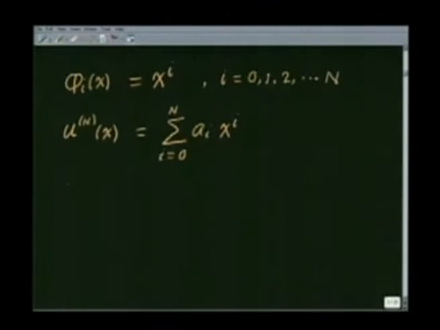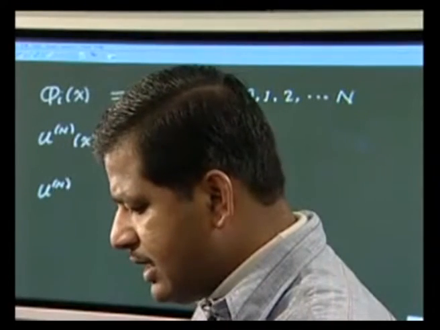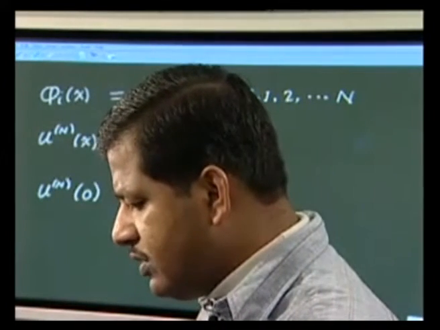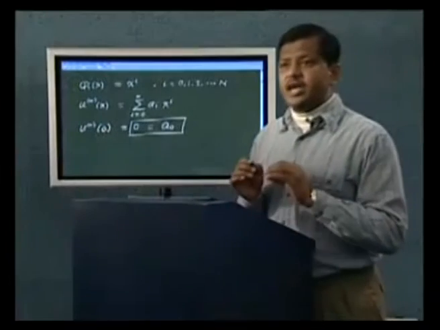Now we want u_n at 0 to be equal to 0. What do we get? By substituting 0 for x to the power of i, we get 0. So what we end up getting is a_0 equal to 0. This is the constraint that we have enforced.